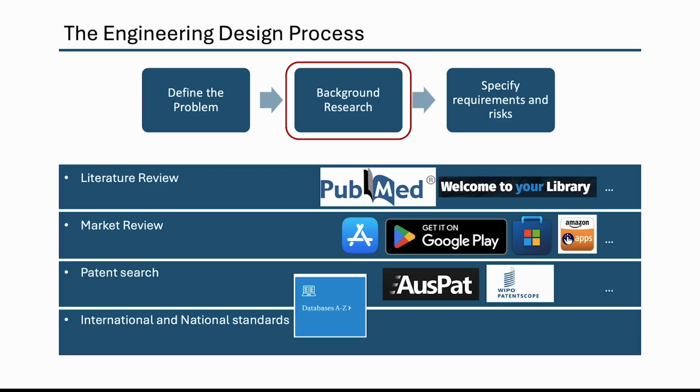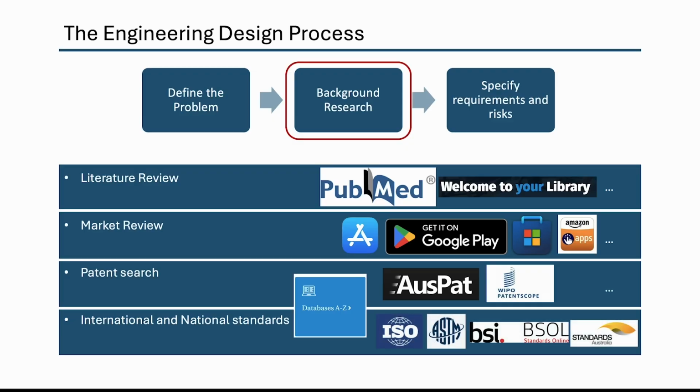Another thing that you can do is look at international and national standards. It's very much a holy bible of engineering standards, and these define testing methods, the types of interventions that are optimal, and also the best way to manage your quality systems around those interventions, and how to report them to things like the TGA and whatnot.